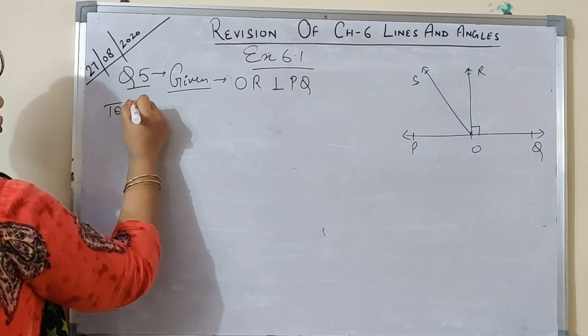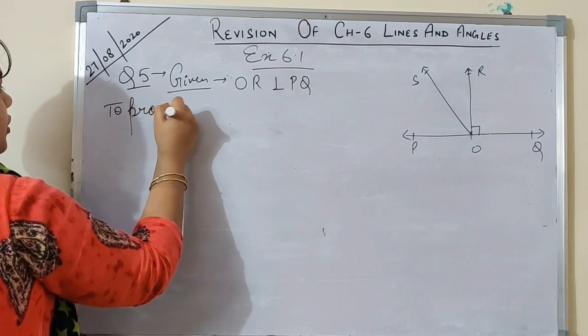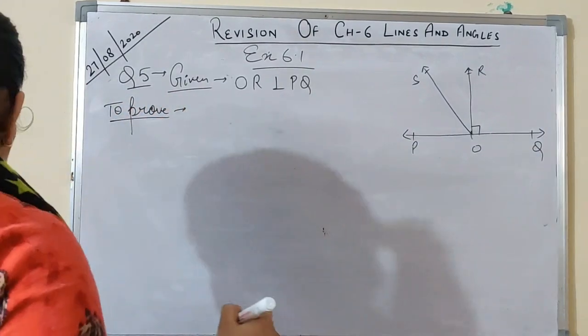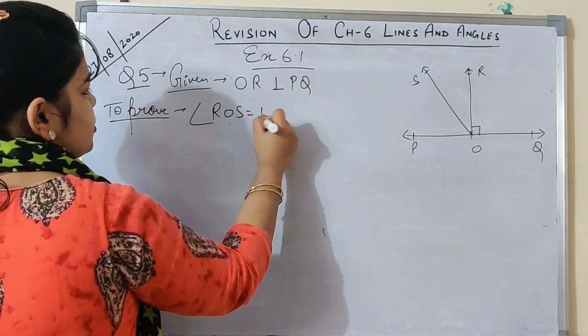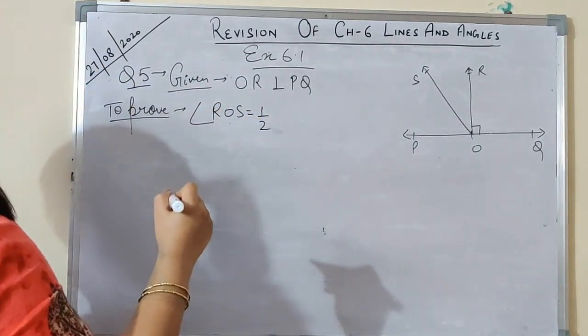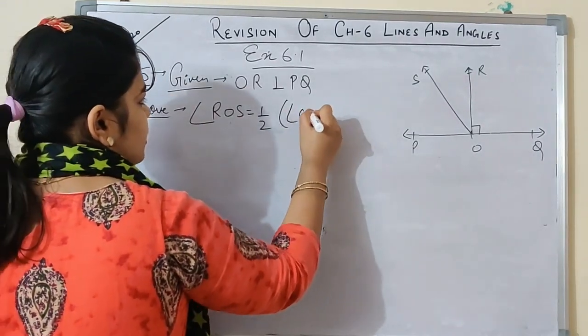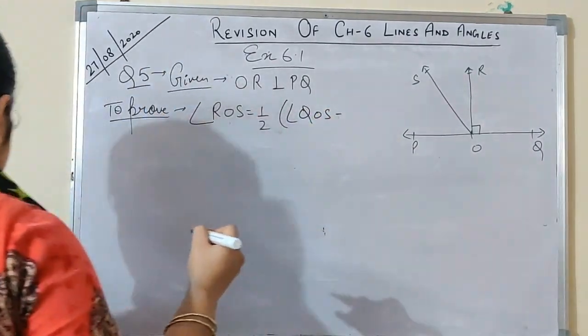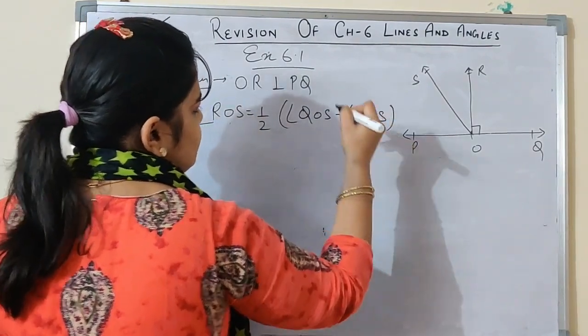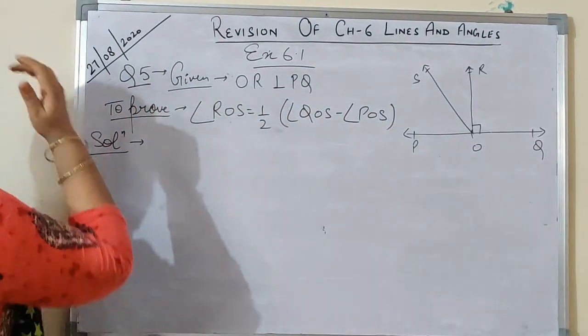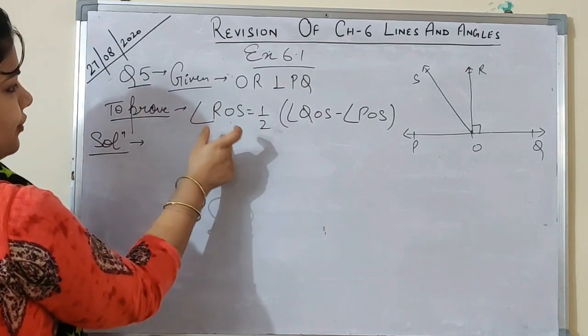Now what we have to prove? We have to prove that angle ROS is equals to half of angle QOS minus angle POS.